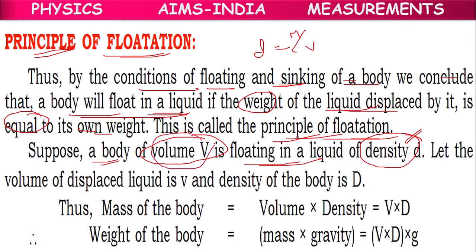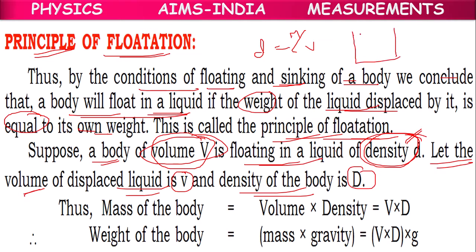So if a body of volume V is floating in a liquid of density D, let the volume of displaced liquid be small v and the density of the body be capital D. If we keep a body of volume V into the liquid, some amount of liquid will be displaced outside.